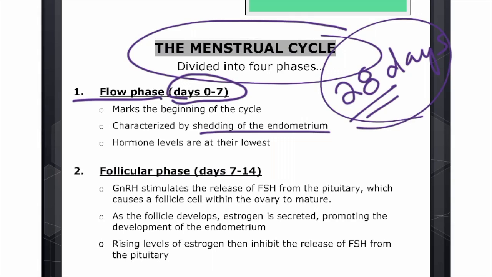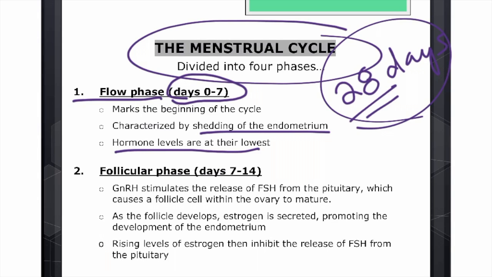If implantation did not occur during the last cycle, the endometrium is no longer required, so a female will physically shed that inner lining. Hormone levels will also be at their lowest. In the flow phase, a female will typically be on her period because she is shedding out the endometrium.